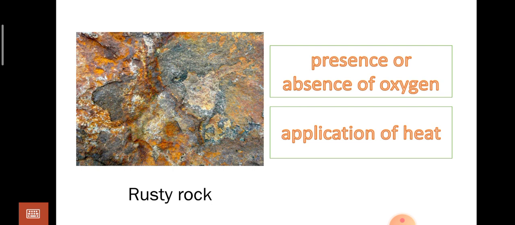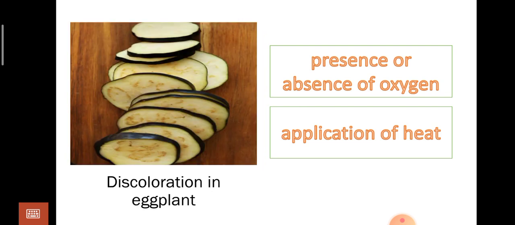Next one is rusty rock. Bakit ba nagkakaroon ng mga rust doon sa rocks? Is it because the presence or absence of oxygen or application of heat? Discoloration in eggplant. Napapansin ninyo ito kapag nag-i-slice ng talong si mama. Nagkakaroon ng pagbabago yung kulay after a while.